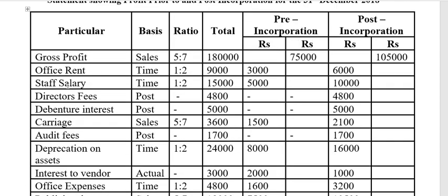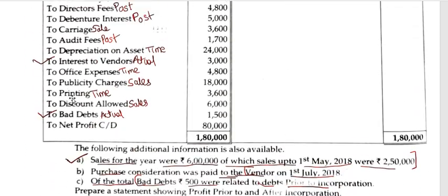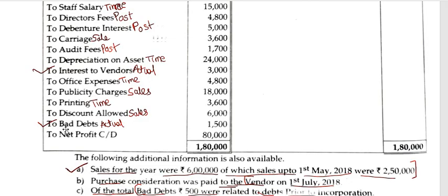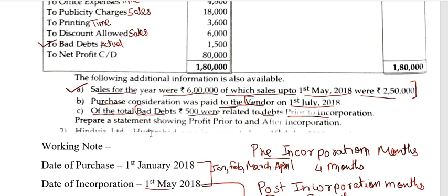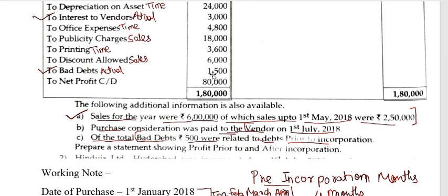Okay, after discount allowed, we have bad debts. Bad debts, we have adjustment. Bad debts total is 1,500. Let's read the adjustment. Of the total bad debts of 1,500, rupees 500 were related to debts prior to incorporation.